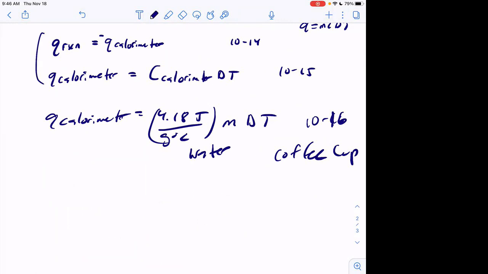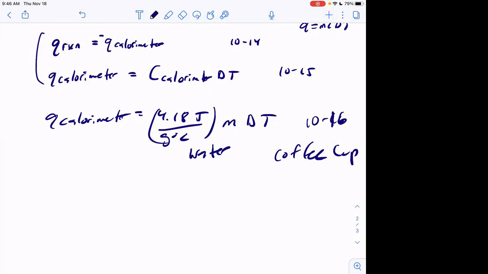So if I put something into a bomb calorimeter like this guy right here, now I don't have just water, okay? Because I've got a steel thing in the water that's mixing the water.